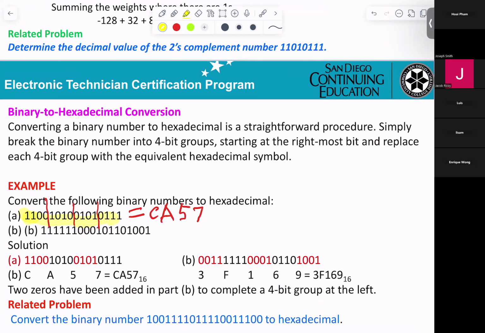Only thing, make sure you understand. First thing you get 4 bits. Okay.